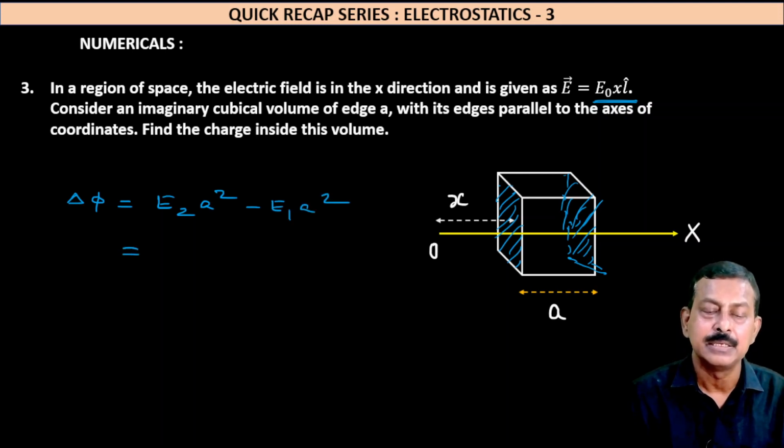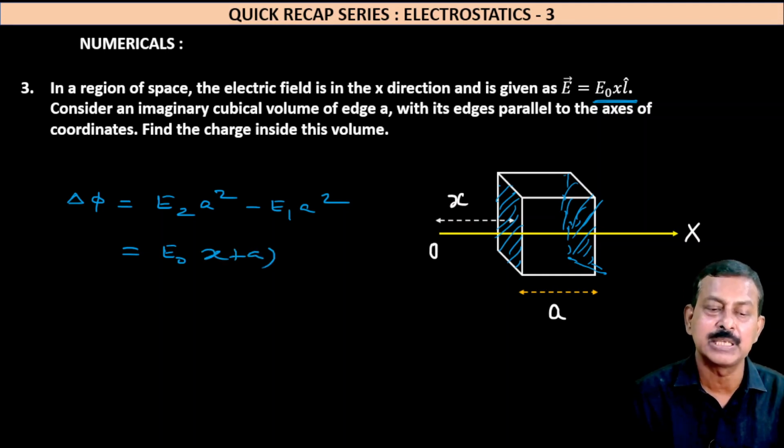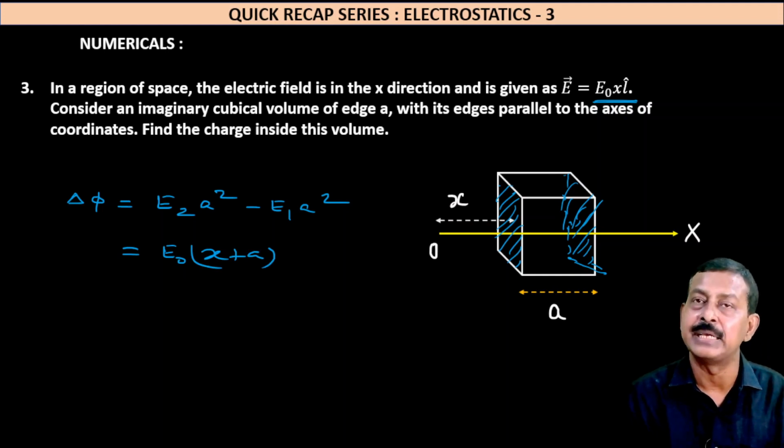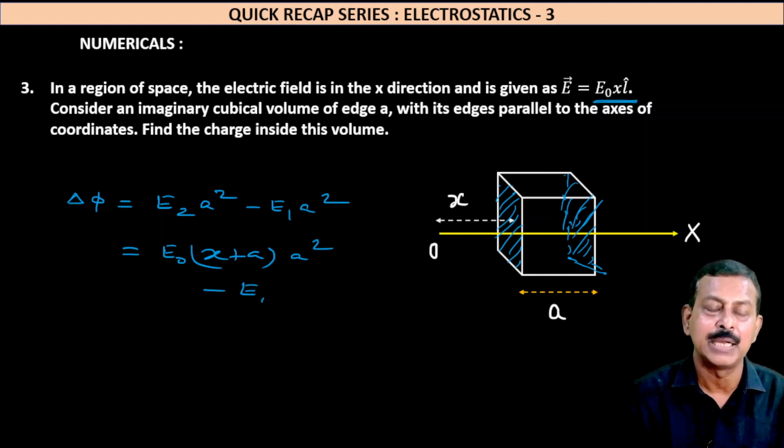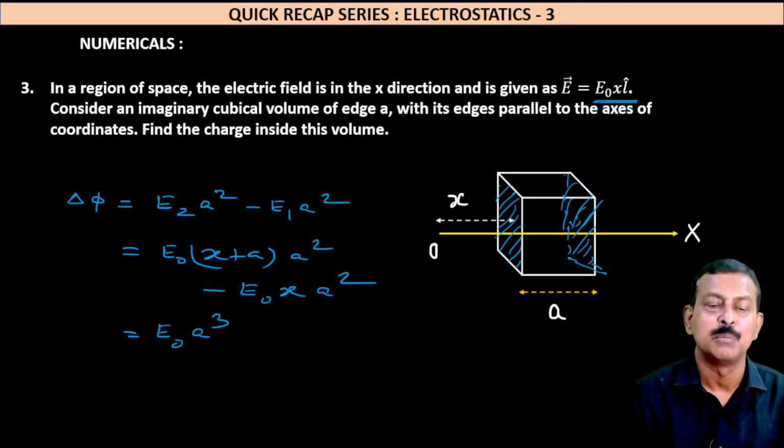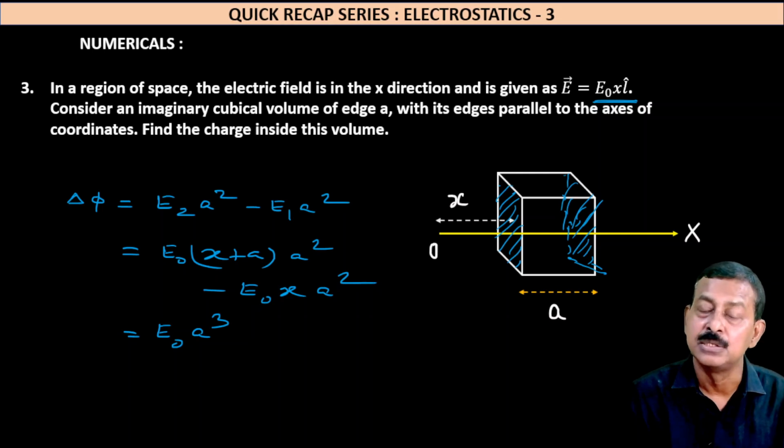And here E2 will be equal to E naught, and this distance is x plus a, because it is E naught x i cap, multiplied by a square, minus E naught x a square. So this is E naught a cube, because the x term will get cancelled and you will get E naught a cube. This is the flux through this cube.